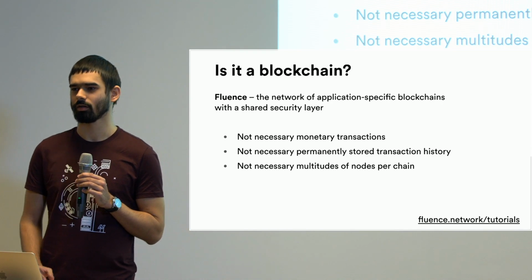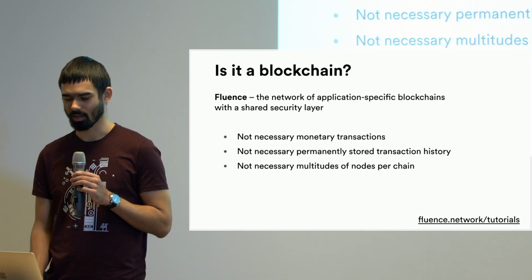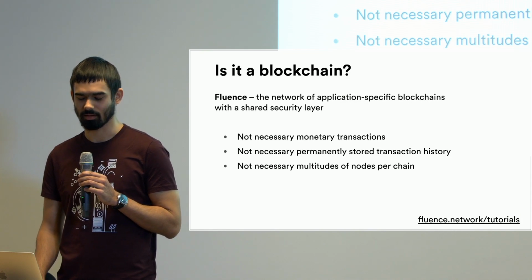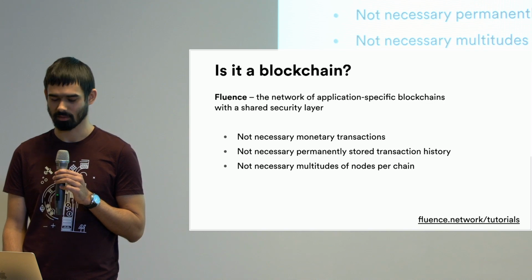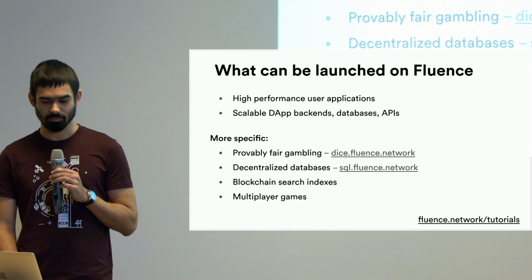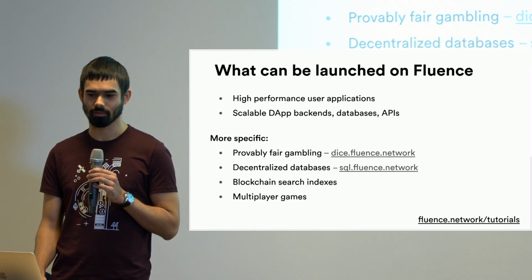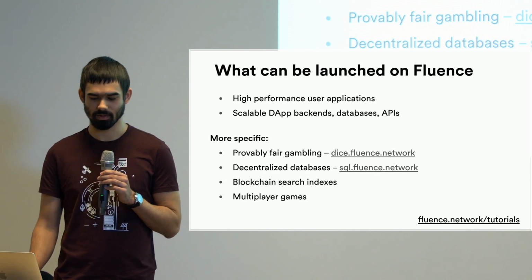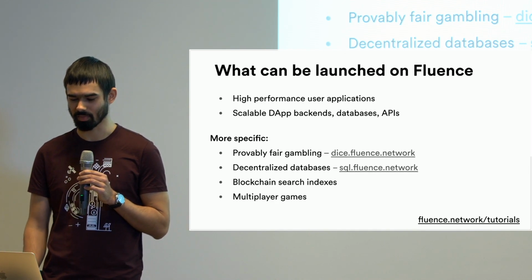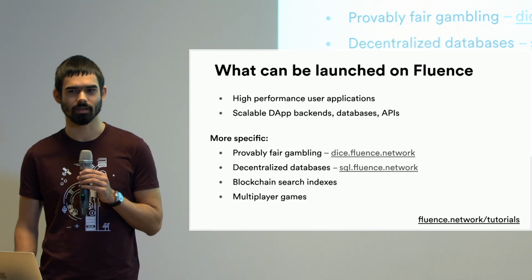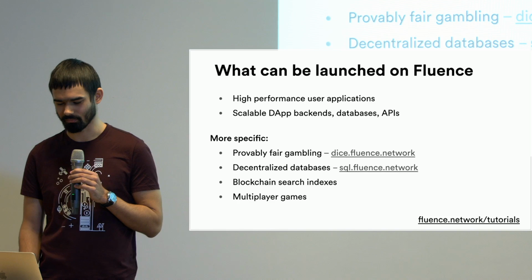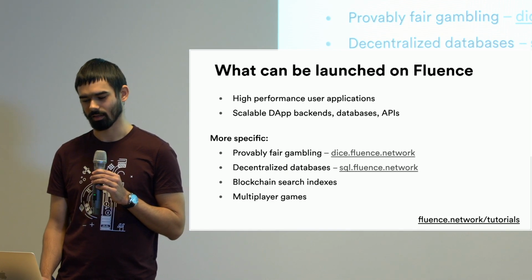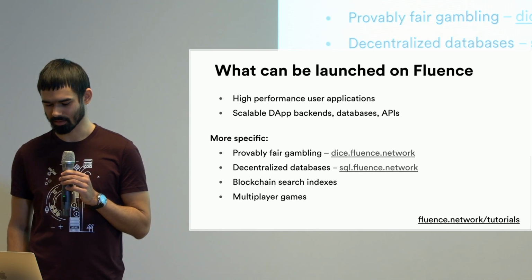Blockchains could be small, history could be deleted, and the aim is more generic than just financials. So you could run, for example, decentralized application backends on Fluence, or databases, and we have a SQL database deployed on Fluence right now, and REST APIs, and so on.